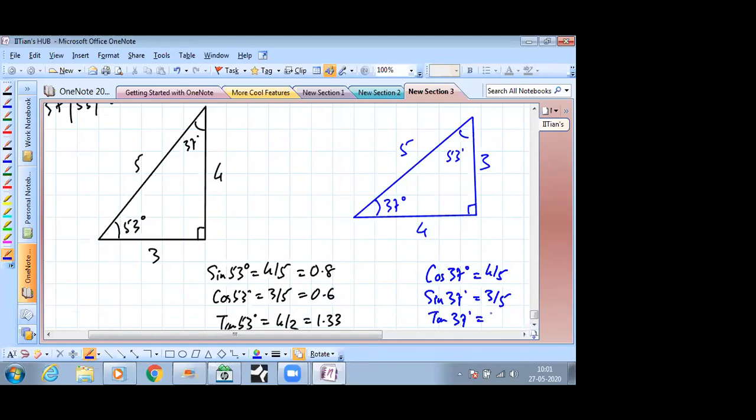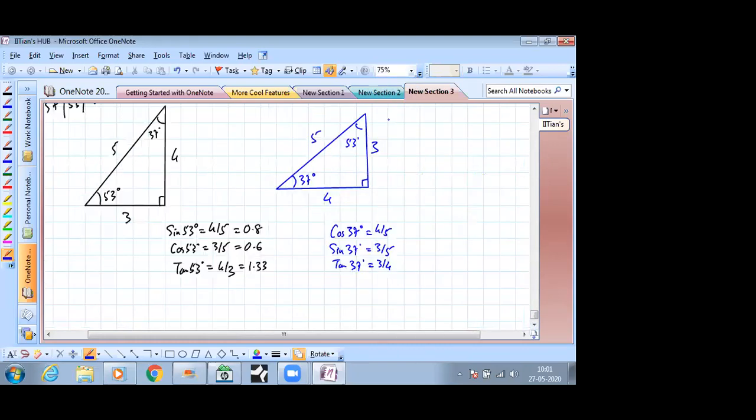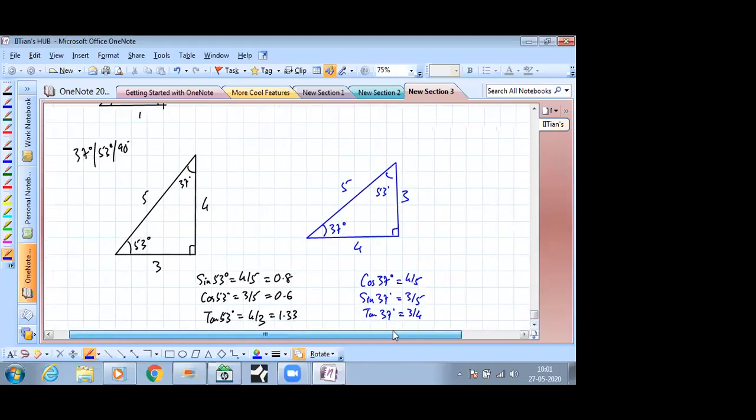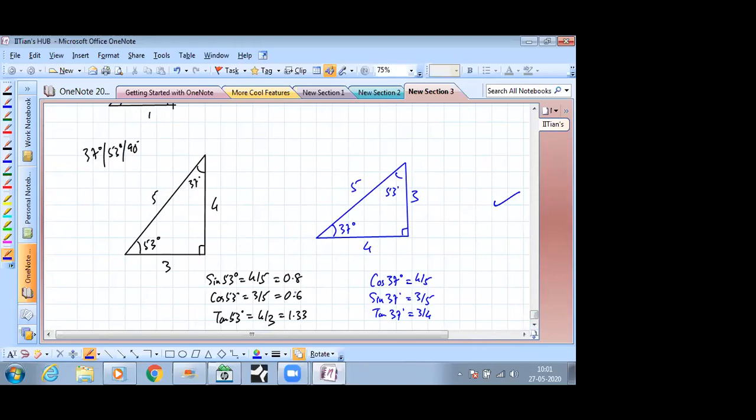So this becomes 3/4. Okay. So these are some new values for you to learn. So make sure you remember these because these are used in physics and particularly in vectors application a lot. You are supposed to memorize these values for sine, cos and tan of 53 and 37, just as you know for 60 and 30. And of course 45 also you know.